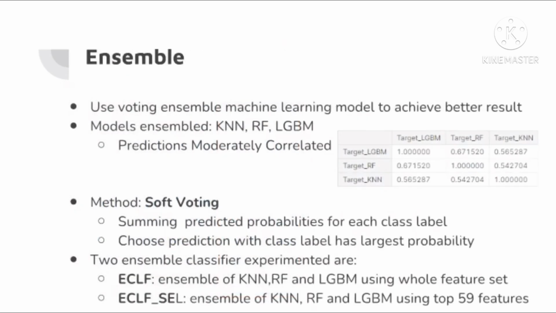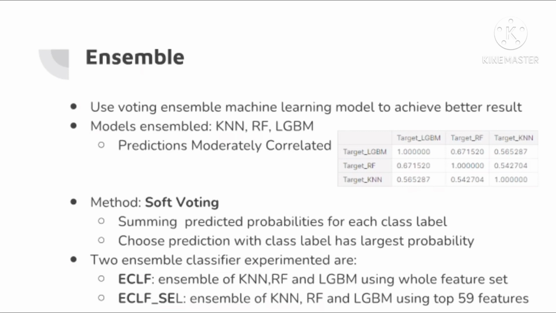Furthermore, in an attempt to improve accuracy, we experimented with ensembling different algorithms. We decided to use a voting ensemble, which is an ensemble machine learning model that combines the predictions from multiple other models to achieve better results. We decided to ensemble the KNN, RF and LGBM models as they had the higher scores previously. We also observed that their predictions are only moderately positively correlated, which indicates they are suitable candidates to be ensembled.